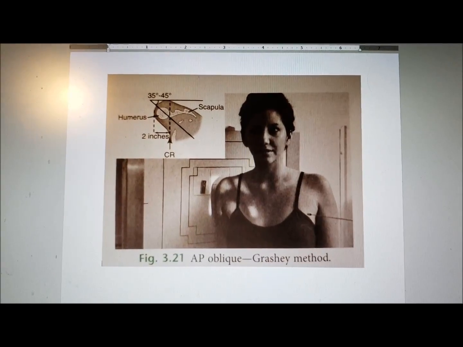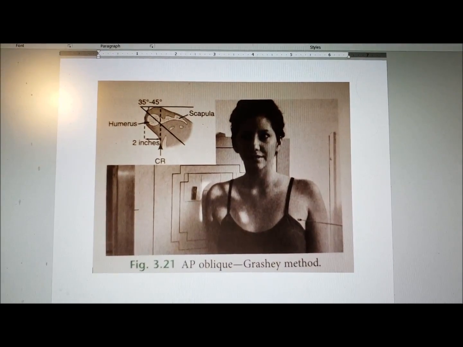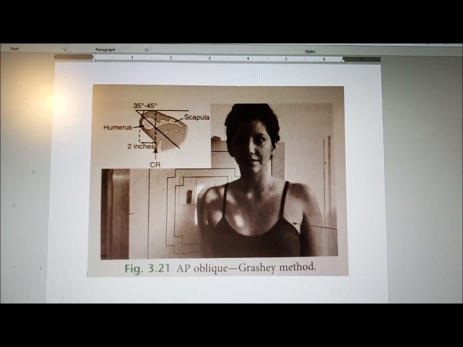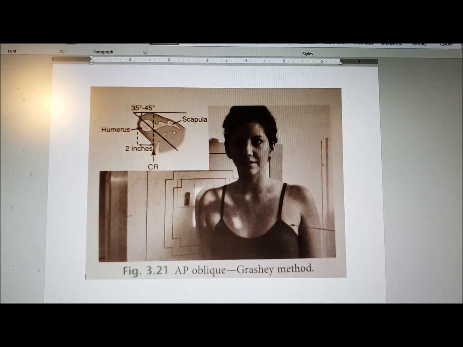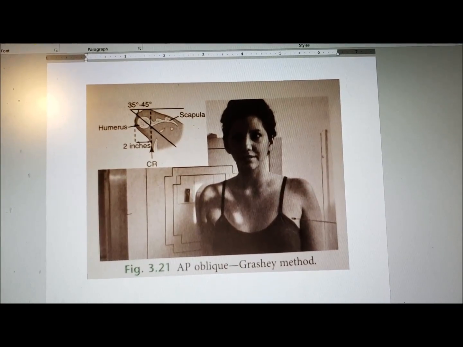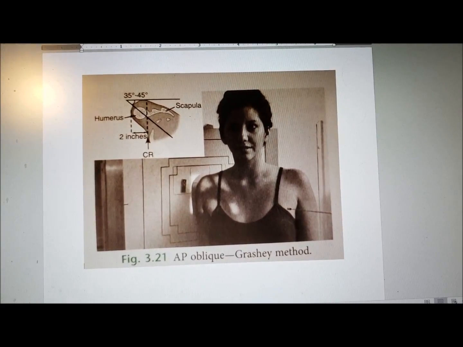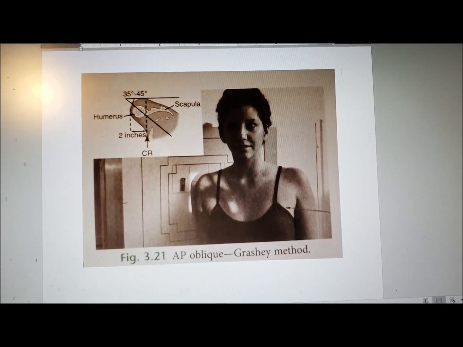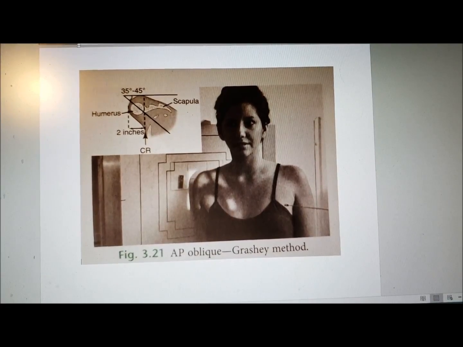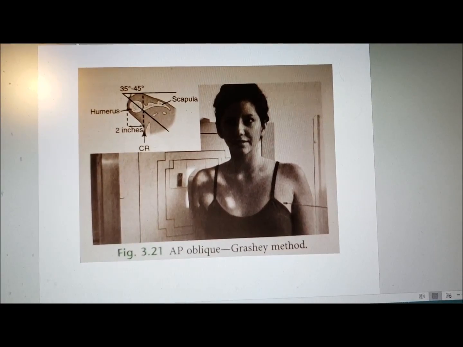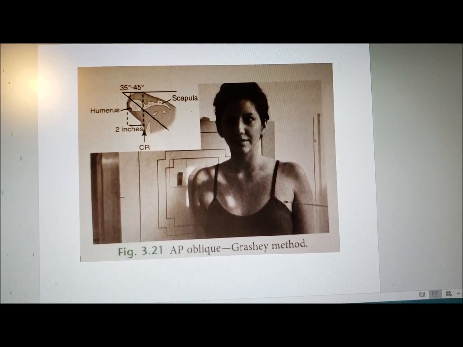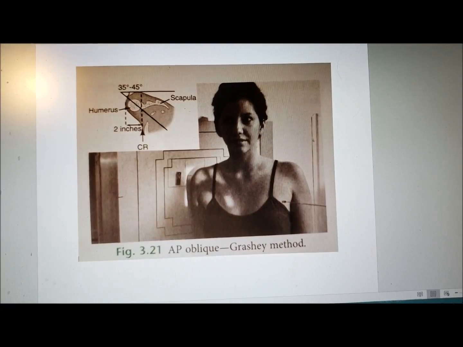Next would be the Grashey method, and in this method, I would use a technique of 75 kV and 5 mAs. This will open up the scapulohumeral joint space. In this position, you would place the center ray perpendicular to the scapulohumeral joint and oblique the patient 35 to 45 degrees towards the IR with the site of interest against the IR.